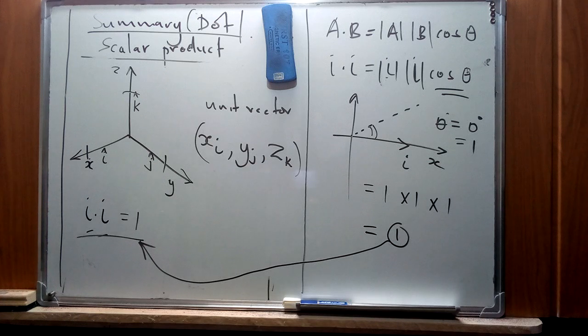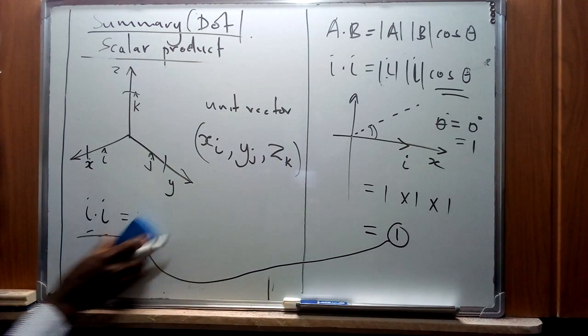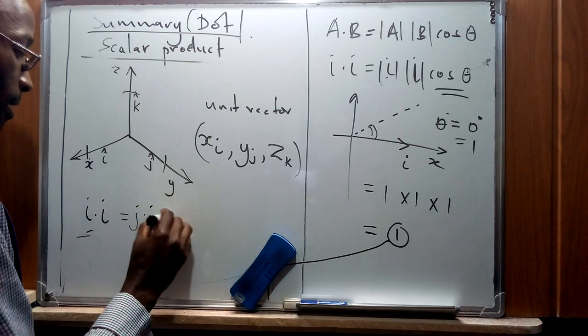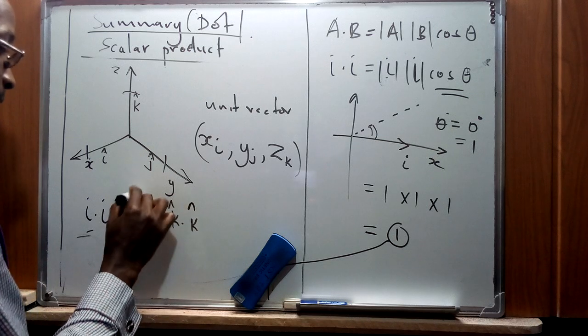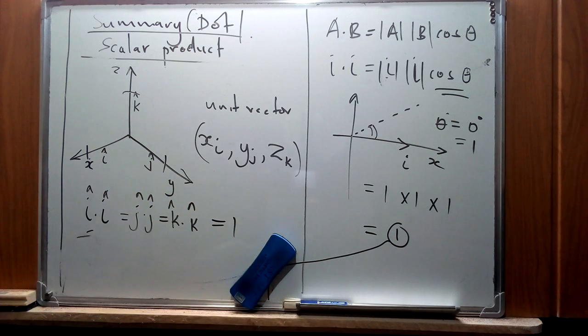So using that analogy for the i, j, and k, the dot product of these specific components similarly are going to give us 1. So that's one of the characteristics that we talked about.